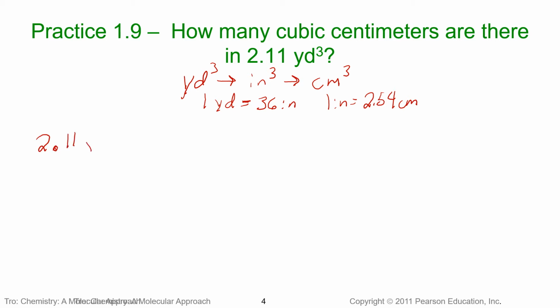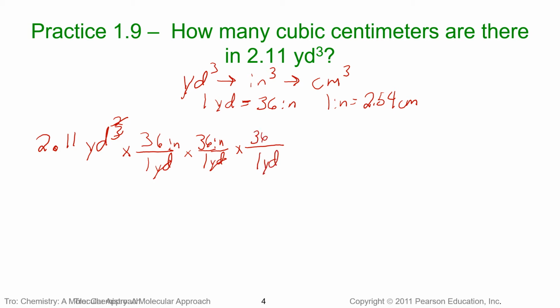Our 2.11 cubic yards. Now again, this is cubic, so we have to use that conversion factor 3 times so that we can cancel all of them. Want the yards on the bottom so that they cancel.